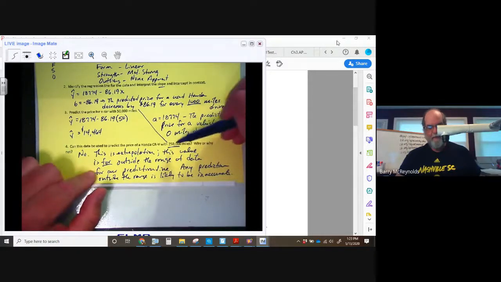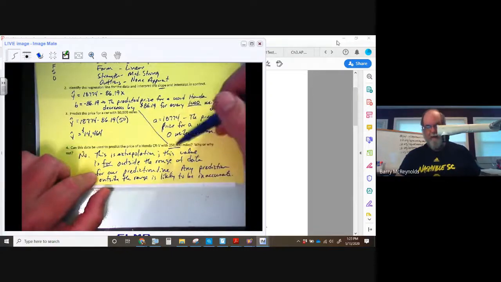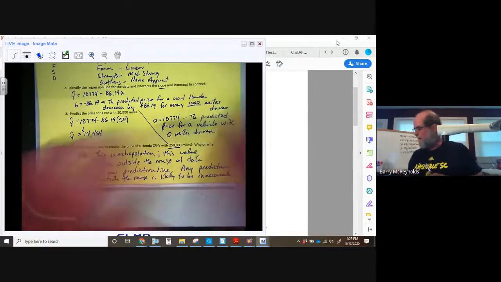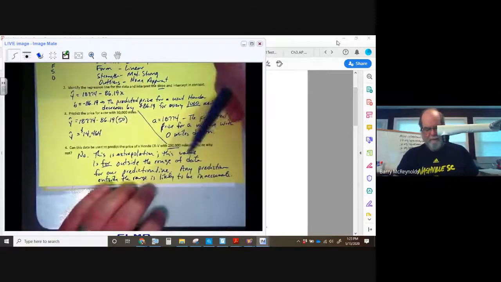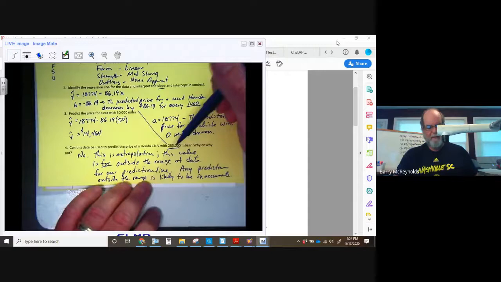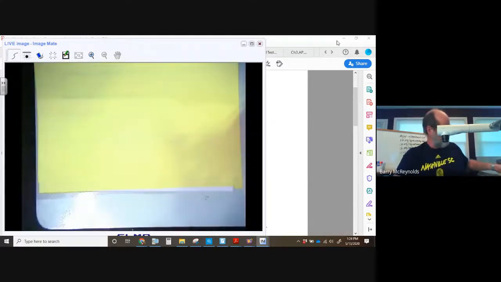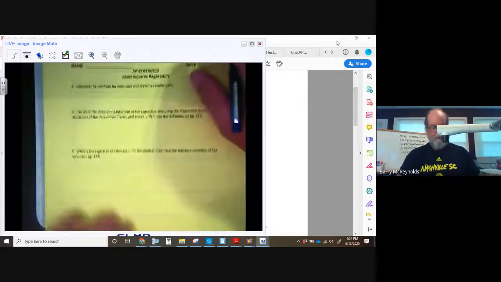And in fact, if you plug this value into this prediction equation, you'll get a negative number. And so what that practically means is somebody would have to pay you to take it, essentially. That's what that means in context. Okay, so that's extrapolation. We're not going to get involved in extrapolation.